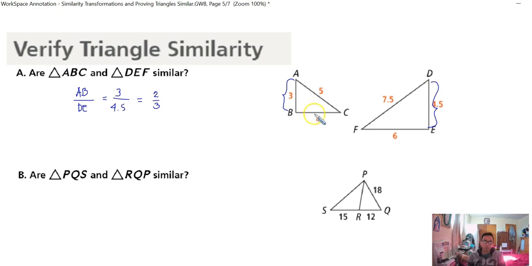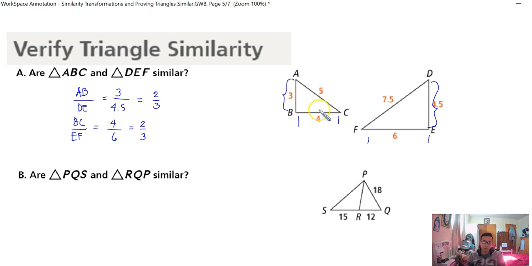Okay, how about BC? This part here, B to C. So BC corresponds to what? EF, sorry. So EF. Thus, it will be 4 divided by 6, which is, again, 2/3. Now, do not interchange.